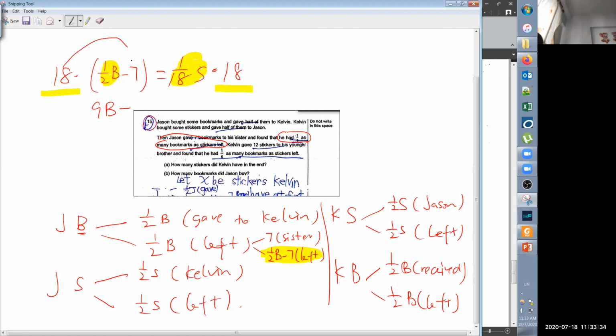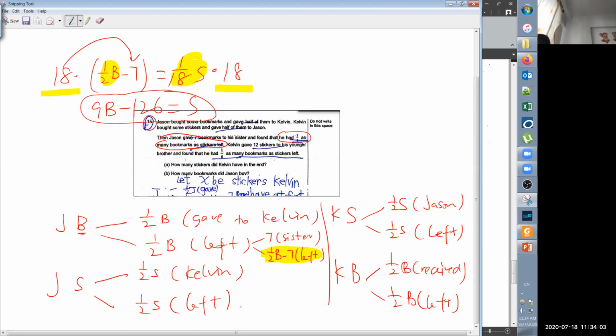Can you help me out? 18 times 7? 126. So it's 126, and then you have S. Okay, so this will be a whole number equation. It's better to deal with a whole number equation.